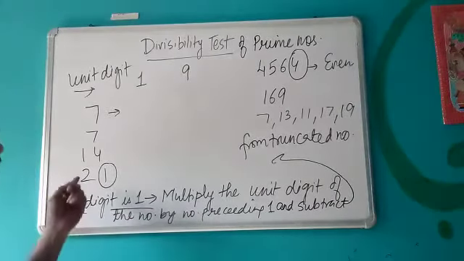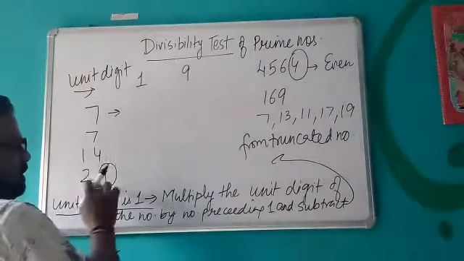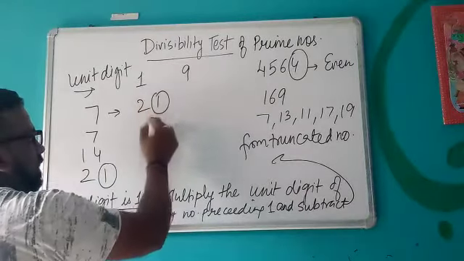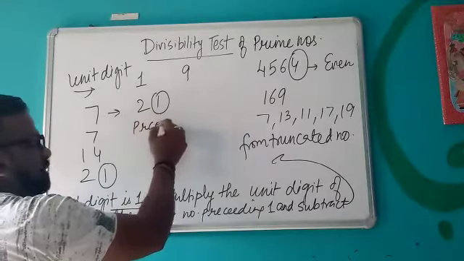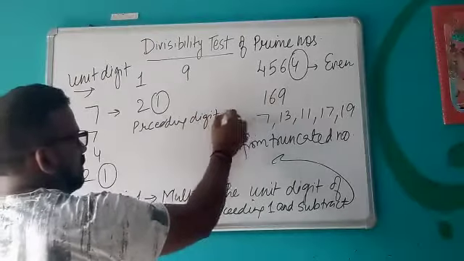Suppose I want to find the divisibility test of 7. So it is 21. What is the digit preceding 1? The preceding digit is 2.